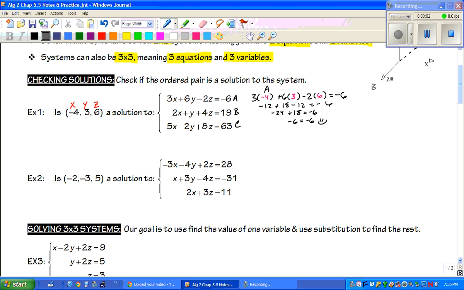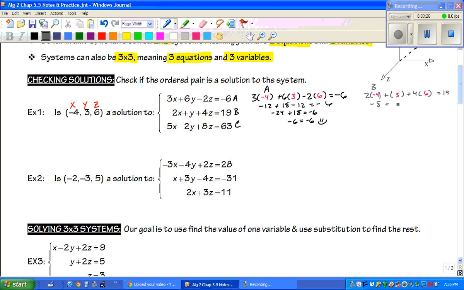Let's check B. So, we've got 2x plus y plus 4z equals 19. And we're plugging in the same numbers, so -4, 3, and 6.